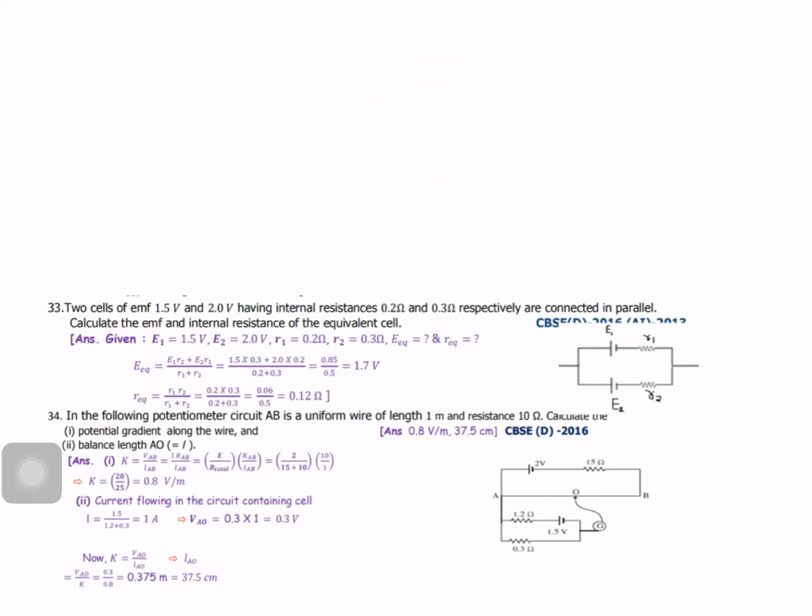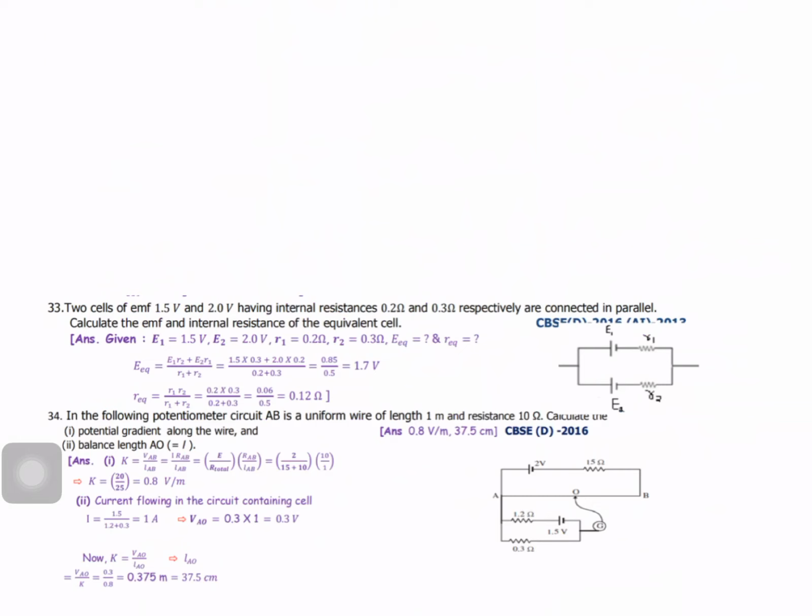Next question, in the following potentiometer circuit, AB is a uniform wire of length 1 meter and resistance 10 ohm. Calculate the potential gradient along the wire. Second one, balance length AO equal to L. What is that?